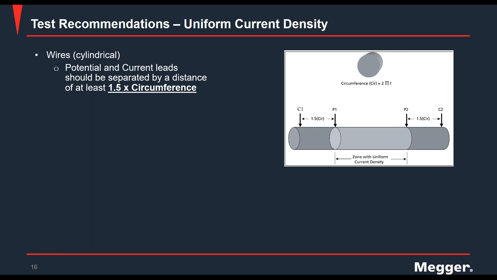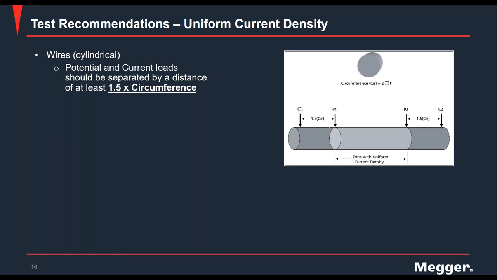Next, now that we understand this concept of uniform current density, let's look at some common conductor types. Let's say you have wires or conductors that have cylindrical cross sections. For those situations, your potential and current leads should be separated by a distance of at least 1.5 times the circumference.